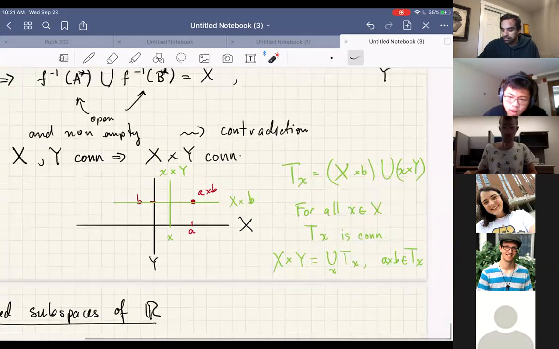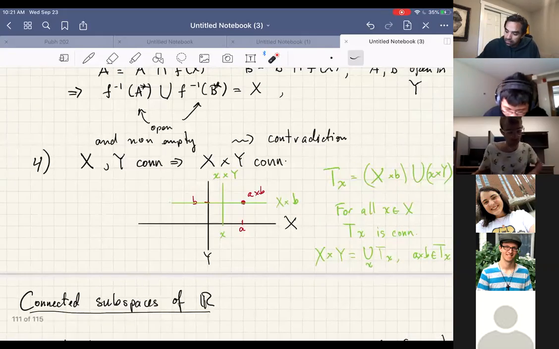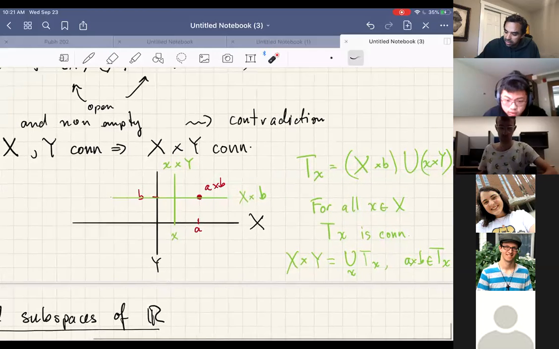So what's the picture? First, let X and Y be your two topological spaces, which are connected.